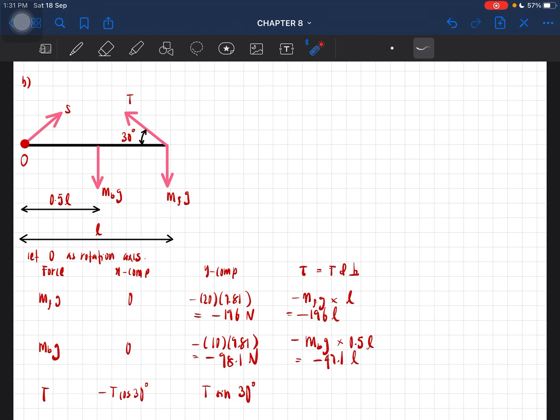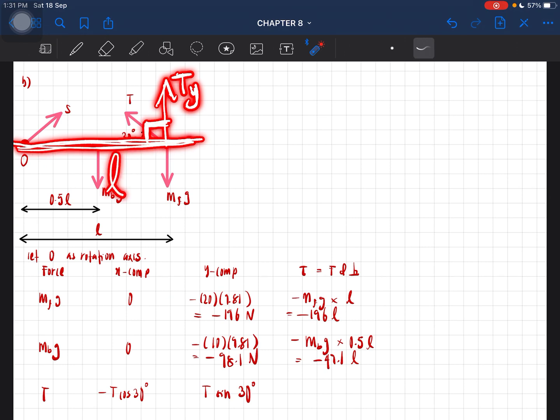Okay, so if we are using this, we are gonna let it pergi di sini. So tension dia should go up, Ty component, supaya kita dapat guna distance yang ini, sebab kita perlu cari perpendicular distance. Okay, so this is the distance that we will be using, so L.